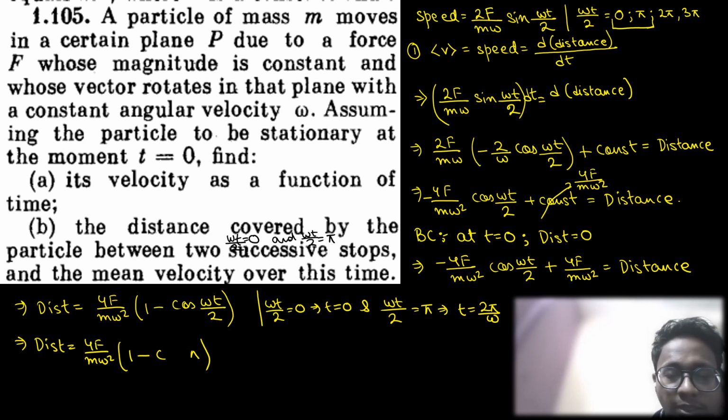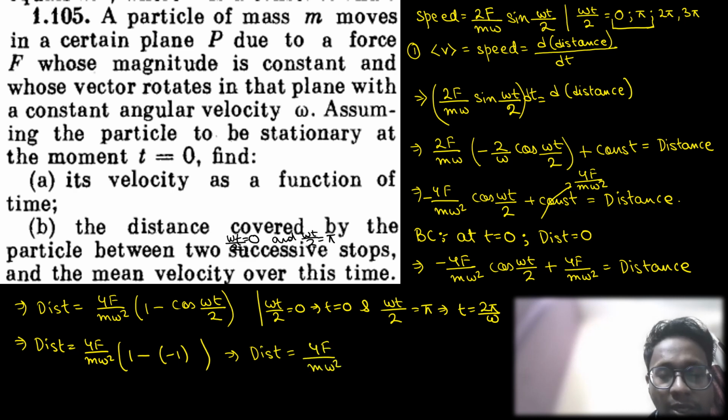So I'll get distance equal to 4f by m omega square into 1 plus 1, which is 2, which equals 8f by m omega square. So this is the distance traveled over two successive stops, that means between t equal to 0 and the next time it stops, at omega t by 2 equal to pi, where t is equal to 2 pi by omega.